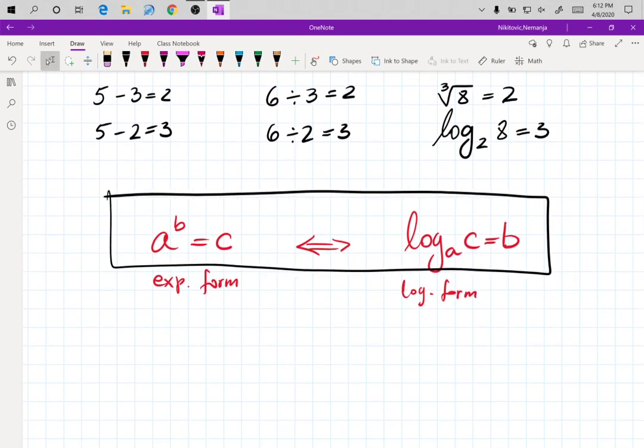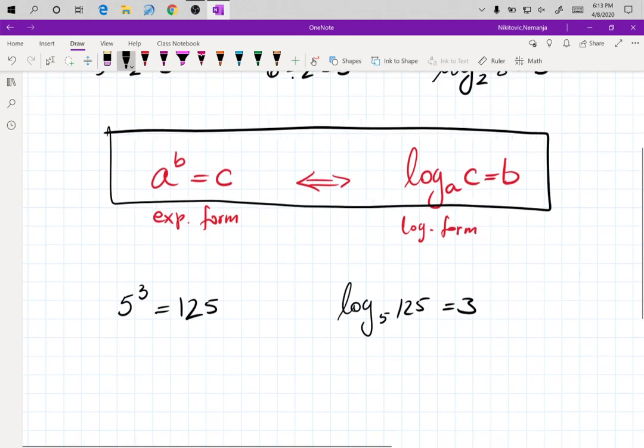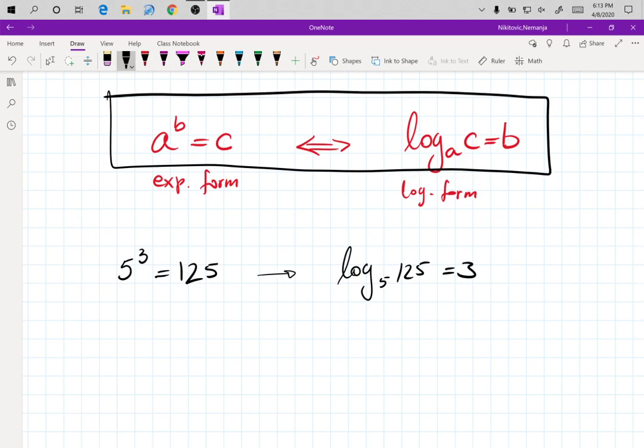Now let's talk about this. Right, at some point you learned and memorized some things in mathematics, so let's do the same now. What do you have? You have 5 cubed is 125. Well, that means that log base 5 of 125 is 3. Just use the conversion. 3 to the 4th is 81.